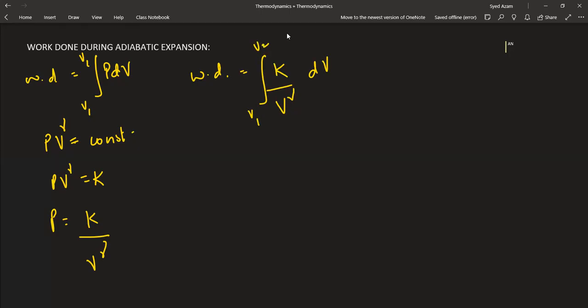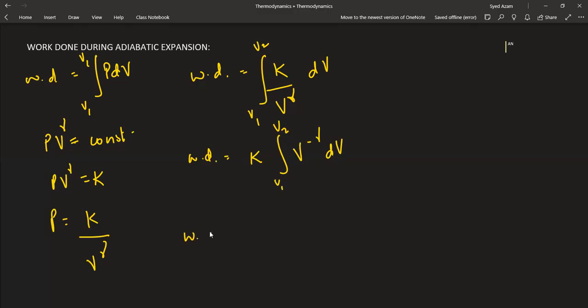Basically, you just substitute pressure here. Now class, when something is in the denominator and you have to bring it up to the numerator, the sign will change. So work done will be written as K V to the power minus gamma dV from V1 to V2.